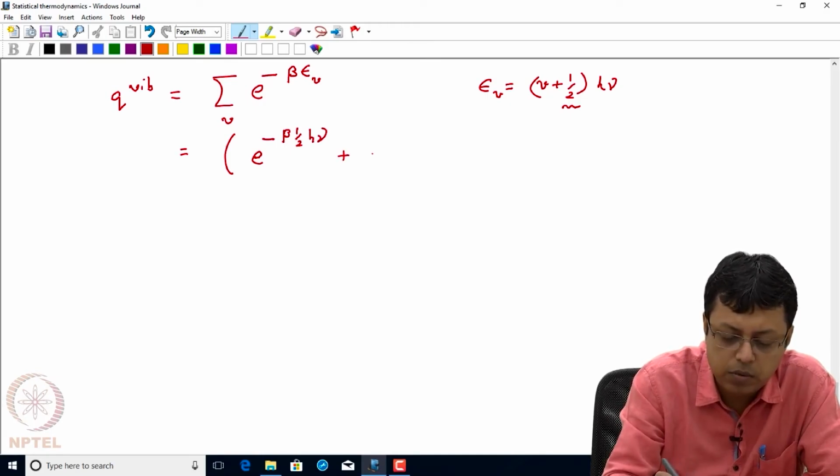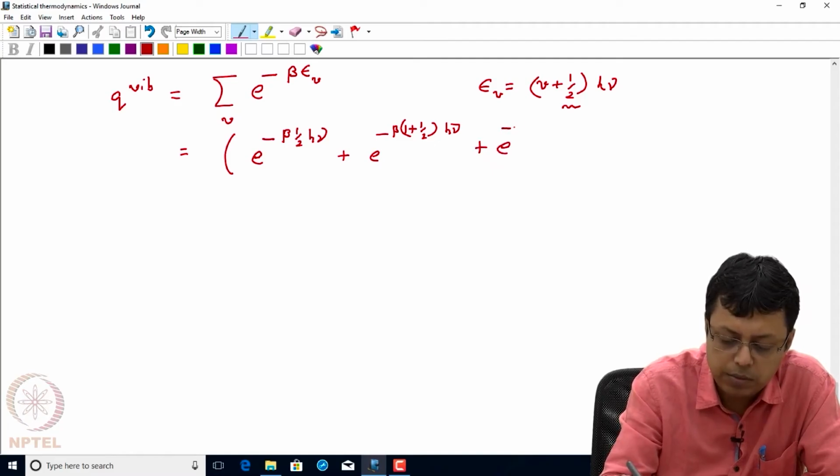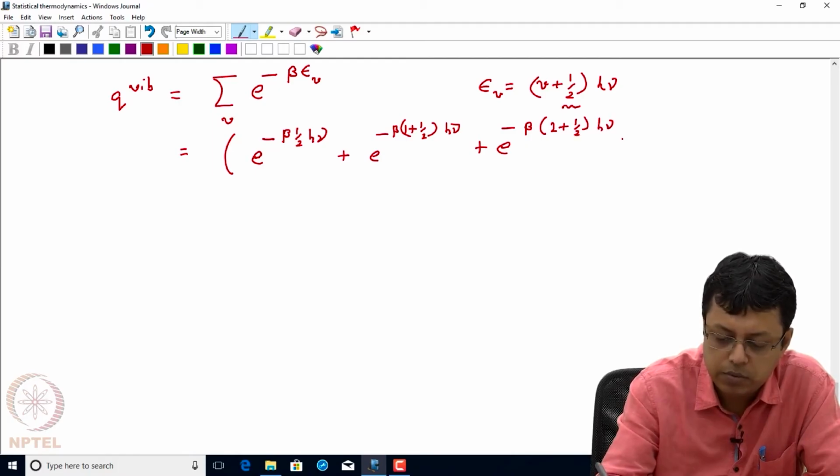The second one will be e to the power minus beta, 1 plus half, I'm just writing it as 1 plus half, not 3 by 2, h nu. The third one will be e to the power minus beta, 2 plus half, h nu. So that way we'll have the sum, and then 3 plus half h nu.